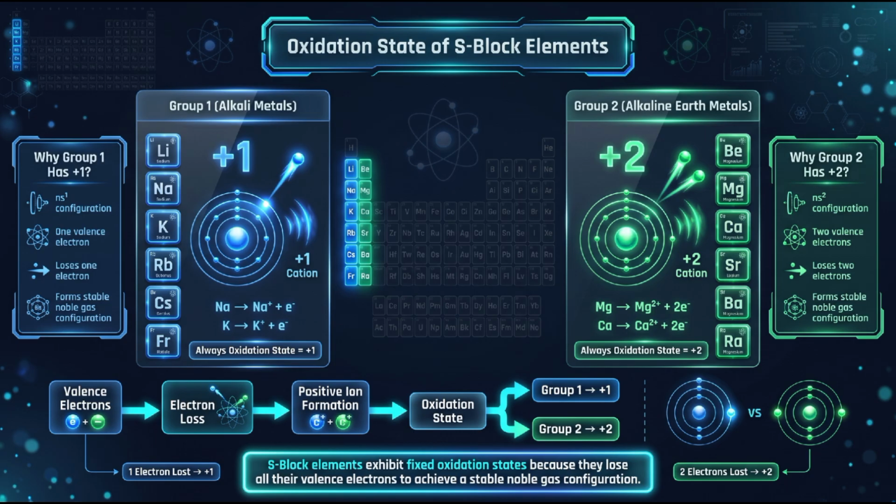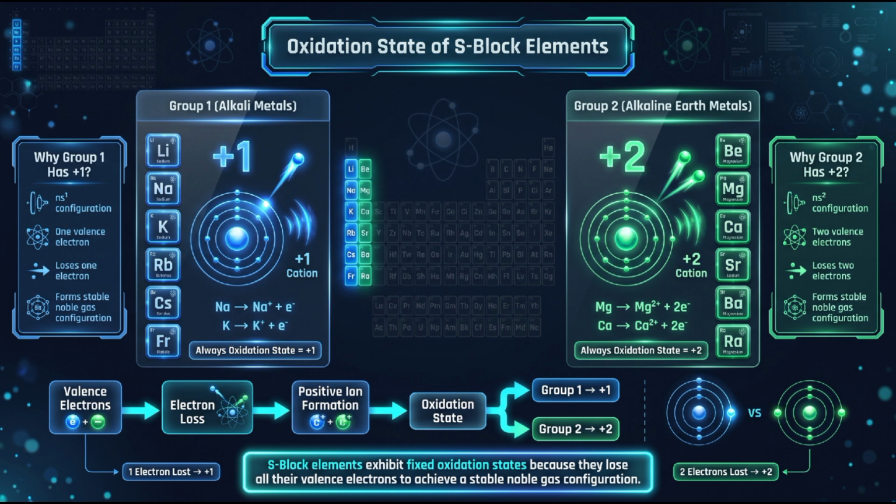Because only 1 electron is present in the outermost shell, very little energy is required to remove it. The nucleus does not hold this electron very strongly because it is relatively far from the nucleus and is shielded by the inner electron shells. Consequently, during chemical reactions, Group 1 metals lose this single valence electron very easily.